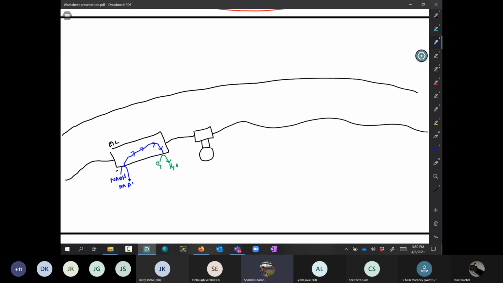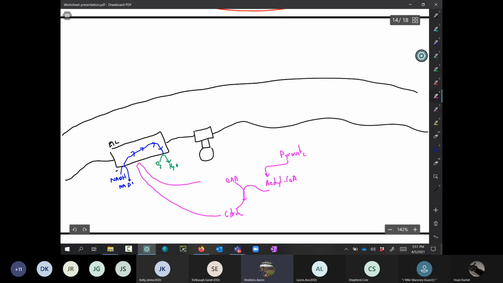Now we also have here, and all these connections are super important, pyruvate, and pyruvate is converted to acetyl-CoA, and that then feeds into the citric acid cycle, oxaloacetate, citrate, and so on and so forth, and we know that this goes in that direction.